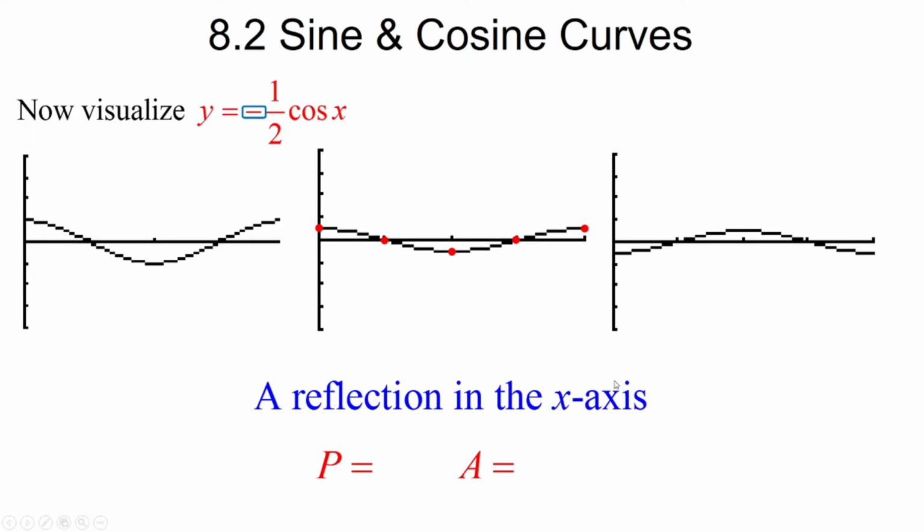Okay, now let's talk about two things. And I haven't introduced period yet today, but we talked about periodic functions in chapter 4. All right, so let's think about this. This function, y equals negative 1/2 cosine of x. Okay, what's the period? How far do I travel before the pattern repeats?